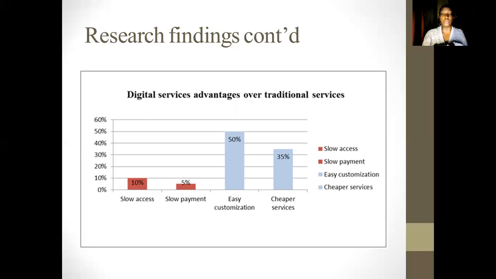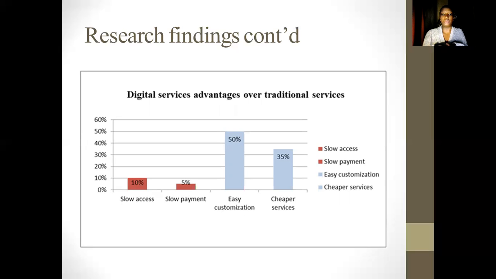As you can see from the findings, 10% of the participants say that using digital services reduces slow access, and 5% say that the traditional services cause slow payment because it's traditional.